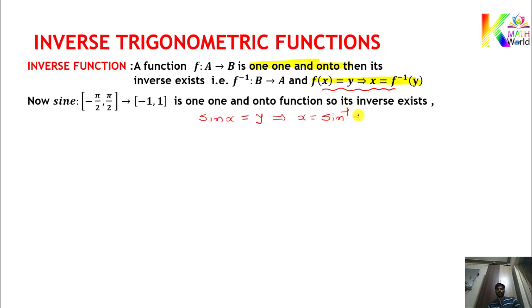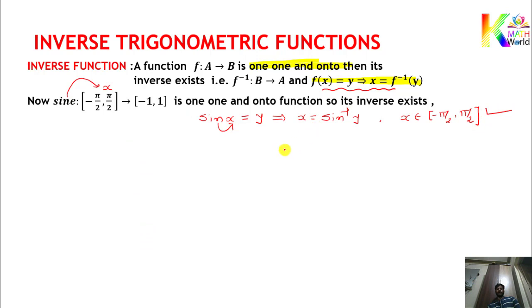So x equals sine inverse of y. You can see sine is applied on an element of the domain, which means x belongs to the closed interval minus pi by 2 to pi by 2. This is the important thing here.